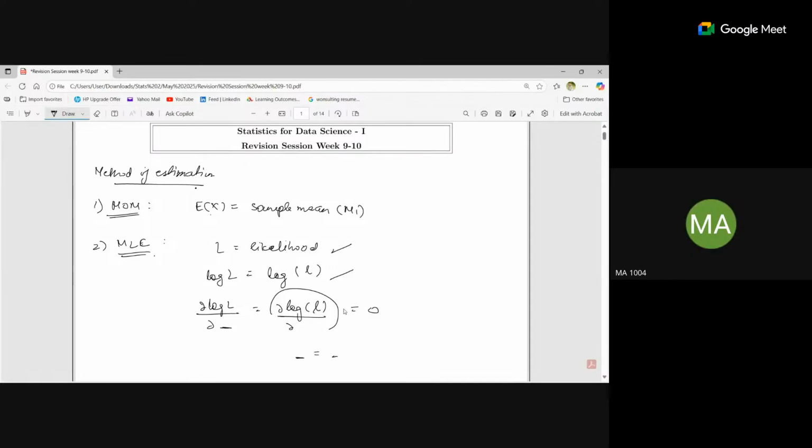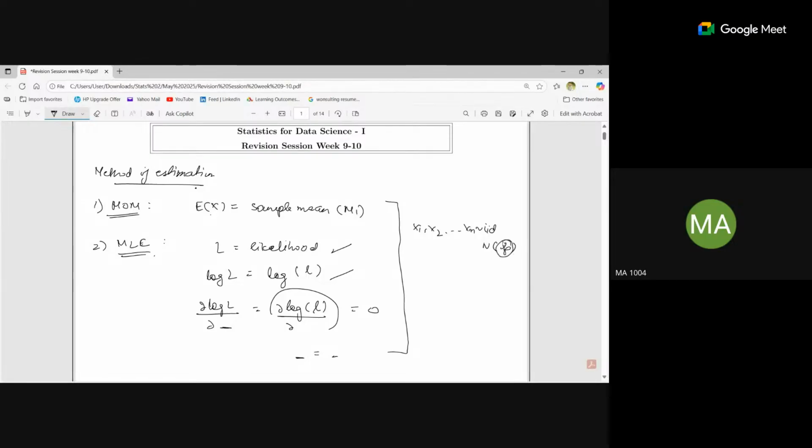So these are the methods of estimation, MOM and MLE, which are method of moments and maximum likelihood estimate. These two methods are generally used when x1, x2 till xn are IID samples following some distribution with parameter p.